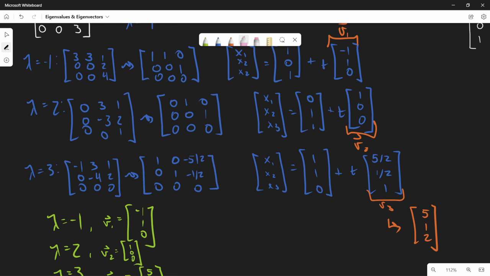For example, half of the solution just gets thrown away. We're only looking for the kernel, so it's kind of beneficial. We solely want to look for the kernel.